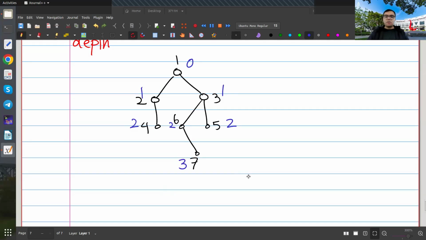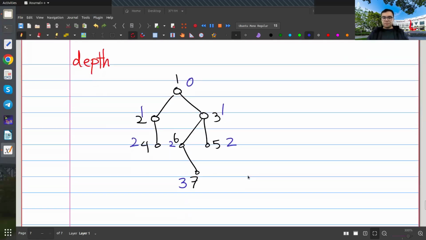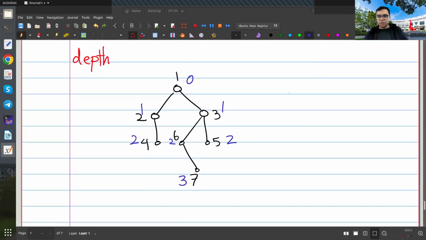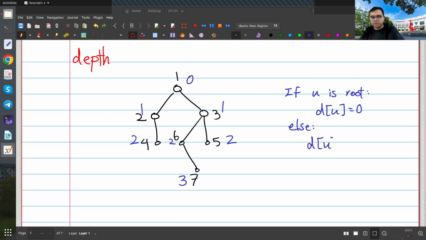Okay? So my recurrence relation is like this. I'm going to say if u is the root, then depth of u is 0. Otherwise, the depth of u is just 1 plus the depth of the parent of u. Okay?